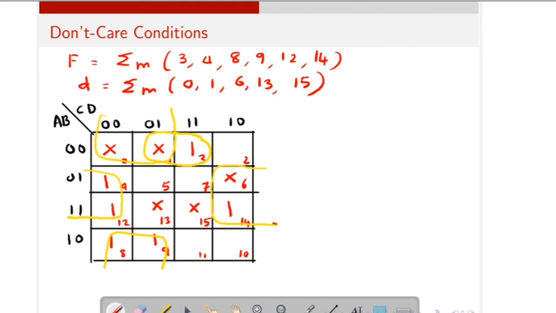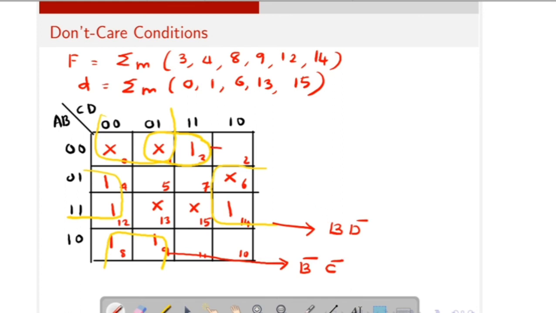Okay, so here the expression for this quad is, here A is cancelled, B, then in this case C is cancelled, D bar, B D bar. Then for this quad, A is cancelled, B bar, then D is cancelled, C bar, B bar C bar is the expression.